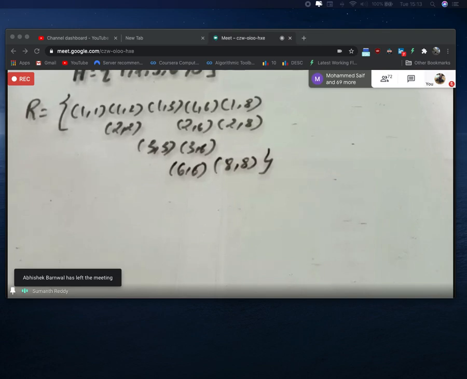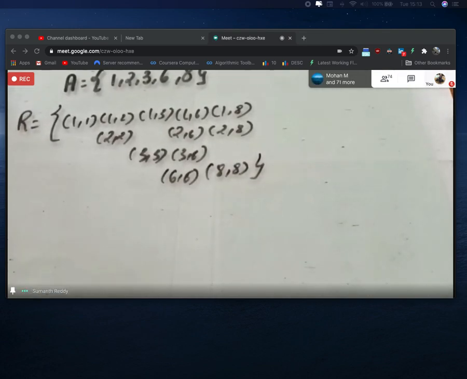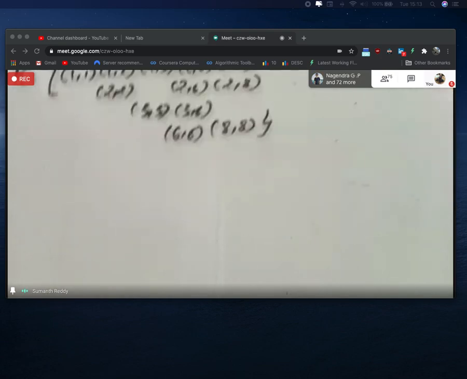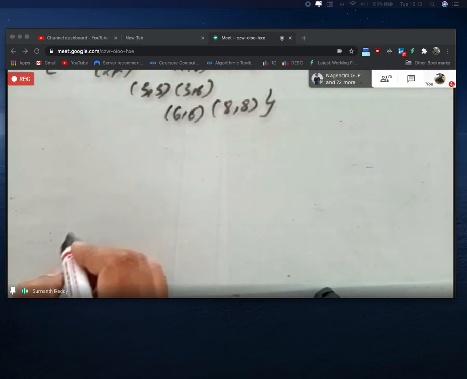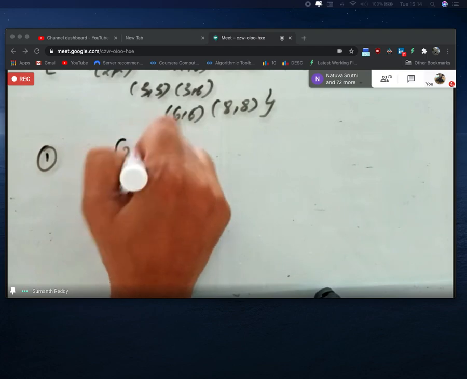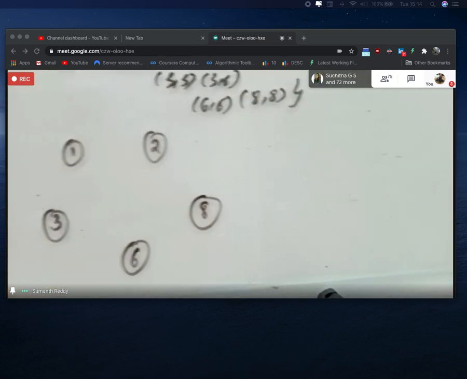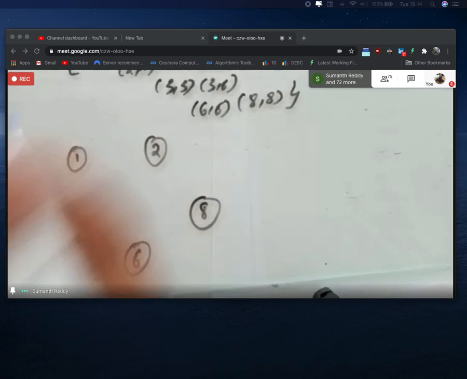Now let me write the diagram first. You can directly write the Hasse diagram, but initially, at least for one or two problems, if we write the diagram and then convert it into a Hasse diagram, it will be easy for you to understand. So the elements are 1, 2, 3, 6, 8. Let me write them as nodes.